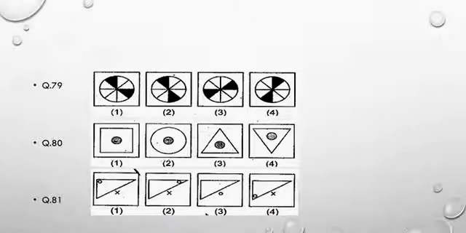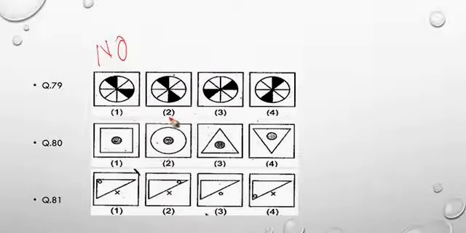Question number 79. There are 4 options given. In the first option there are 2 parts of a circle which have been shaded black, and these shaded parts are not facing each other or are not exactly opposite each other. So these are not opposite.